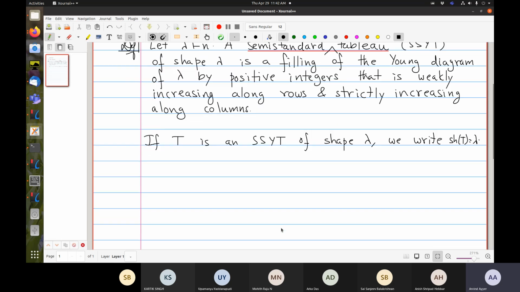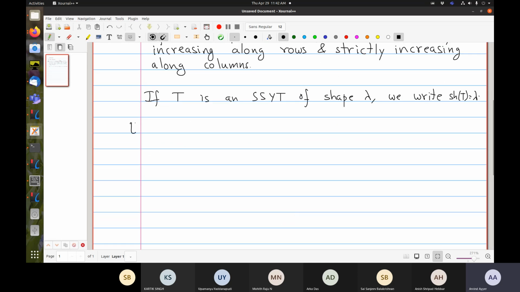So let's give an example. So let's say lambda is 5311. T is, so I'll not draw the boxes, I'll just write the numbers and you can see where the boxes are naturally. So 11134, 244, 5, and so on.